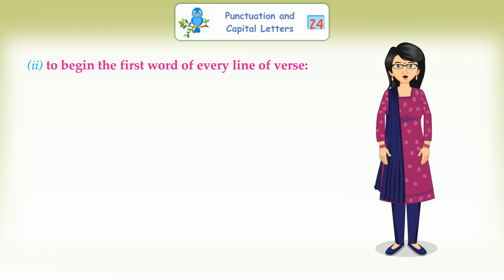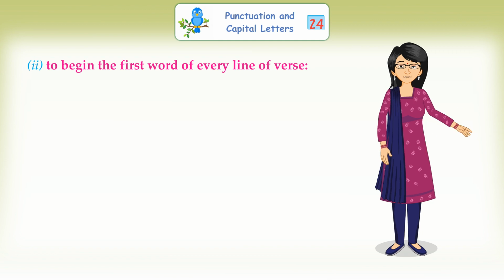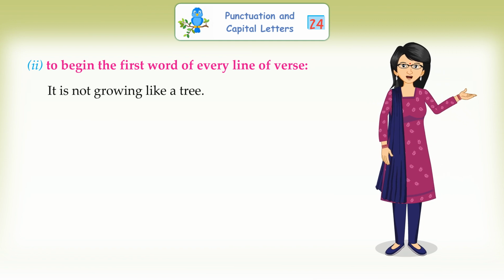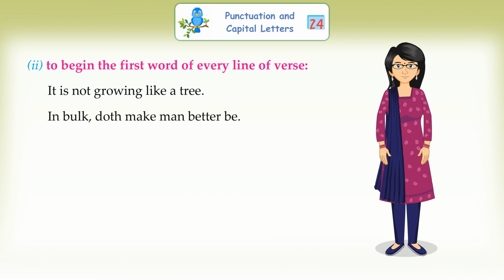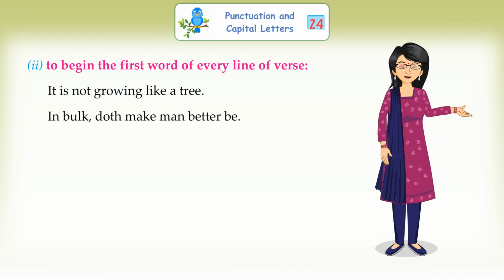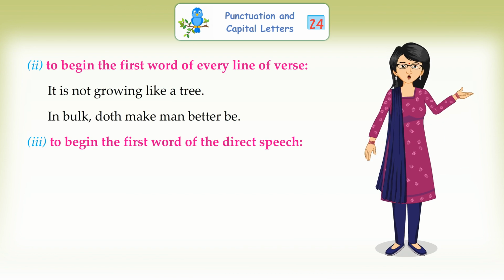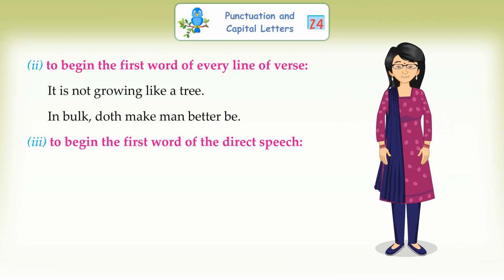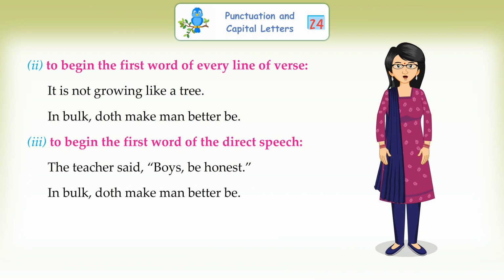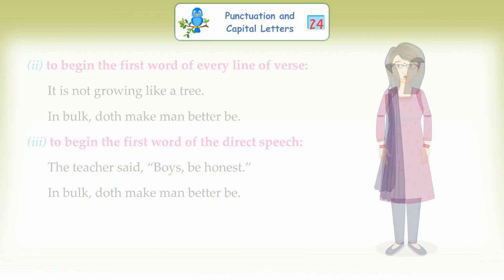To begin the first word of every line of verse: It is not growing like a tree / In bulk doth make man better be. To begin the first word of the direct speech: The teacher said, "Boys, be honest."